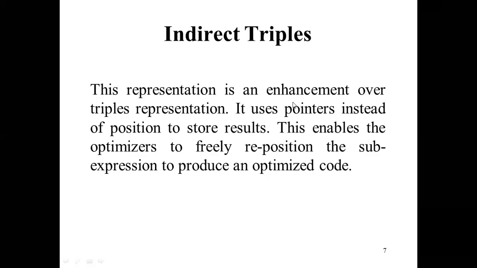In this case, we will use the pointers only. So this is not so difficult to understand. It is easy to use the 3 address code with the help of quadruples and triples.